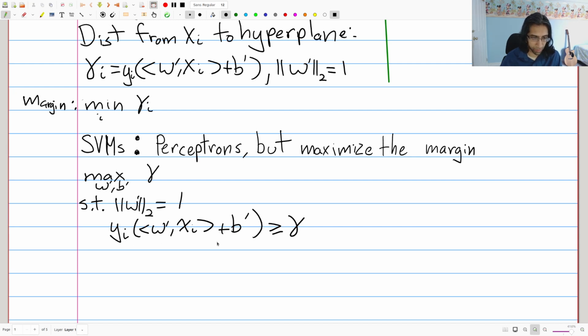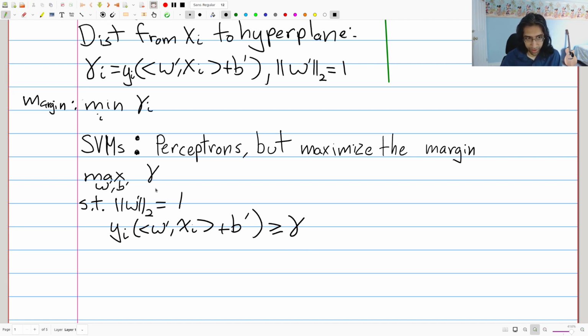You need that for all points in your training data set, the distance from the point to the hyperplane is greater than or equal to some value gamma. And then you try to maximize that value gamma.